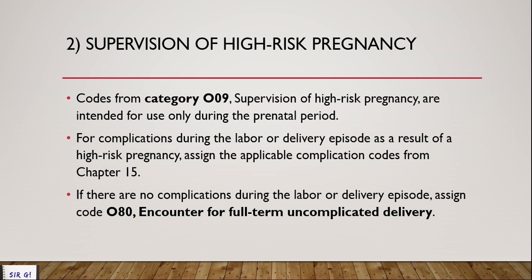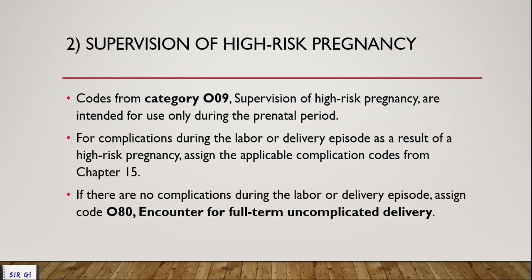Because if it's a normal pregnancy, your OB/GYN will tell you to just visit in your normal scheduled visit. Now, if you exceeded, you may be considered a high-risk pregnant patient. And the category for that is O09.